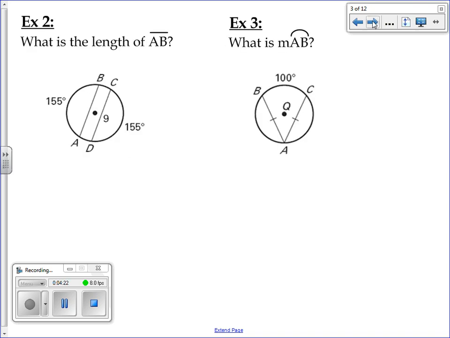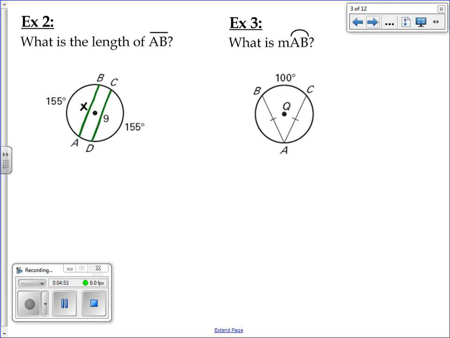All right, let's take a look at example 2. Sometimes you do not have central angles in the picture, but if you have congruent chords or congruent arcs in the picture, you can still use this big idea. So example 2 says, what is the length of segment AB? I'll put a little x here, that's what we're looking for. If you look at this circle, we have two chords, AB and CD.